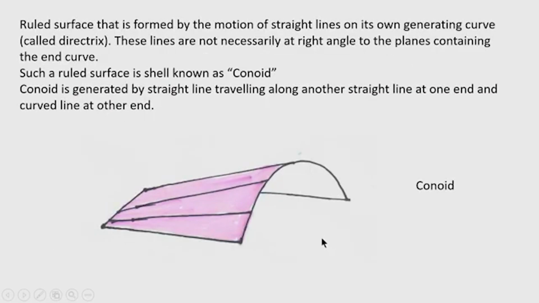Okay. A ruled surface is formed by the motion of straight lines on its own generating curve. The generating curve is known as the directrix. These lines are not necessarily at right angles to the planes containing the end curves. So, there will be one end curve, and there will be two end curves for the shell, and the generating straight lines may not be at right angles.